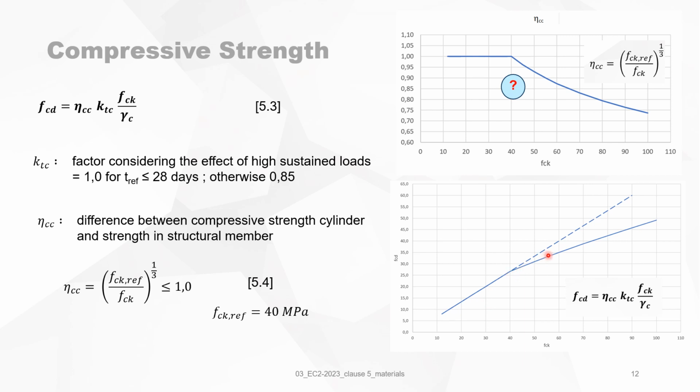But after 40, you have a lower design value of compressive strength. So why is this? Well, this is because high strength concrete is more brittle, so they accounted for it by limiting the value of fcd.